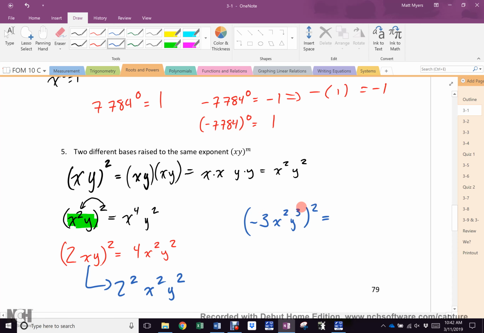What did you do with 3 and 2? Multiply them to get 6. What is it really, Sage? What is 3 squared? 9. There you go. 9 times what? It's okay, man. That's why we're practicing. 9x^4y^6. Everybody cool?